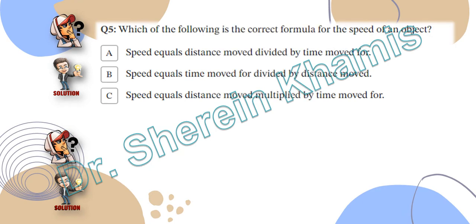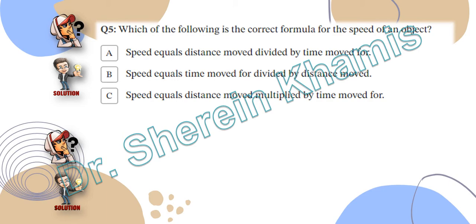Question 5 says: which of the following is the correct formula for the speed of an object? Okay, if we define speed, speed means the distance that the object passes in crossing from one point to another point within a time.